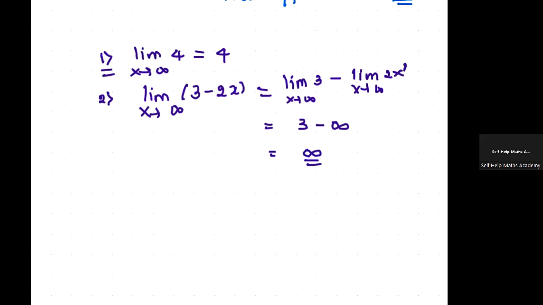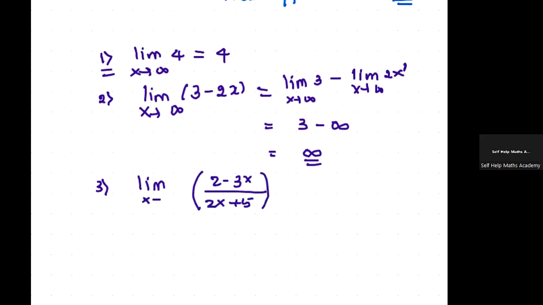Let's see the third example. We have limit of 2 minus 3x divided by 2x plus 5, as x is tending to infinity.